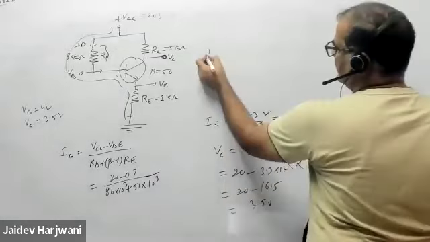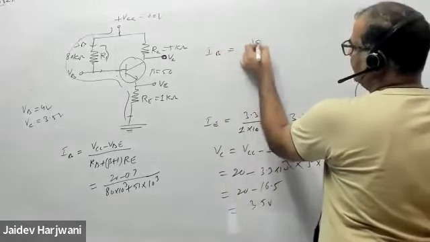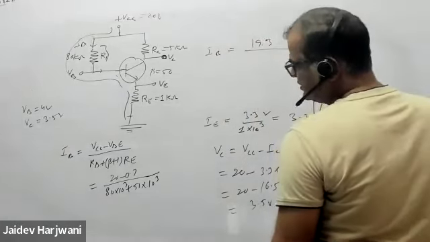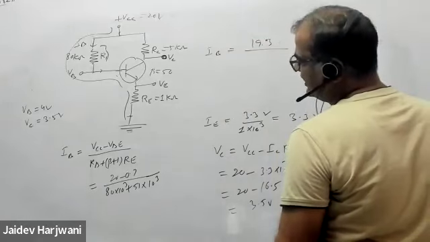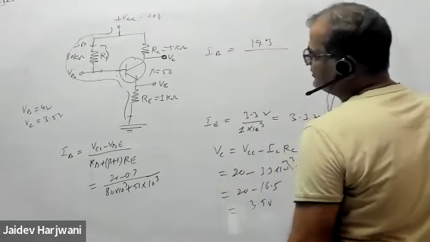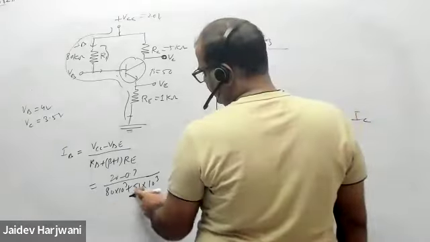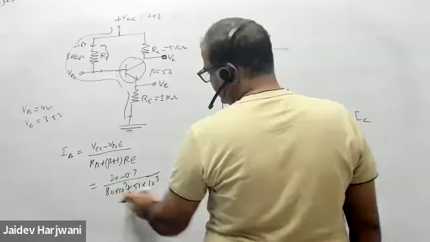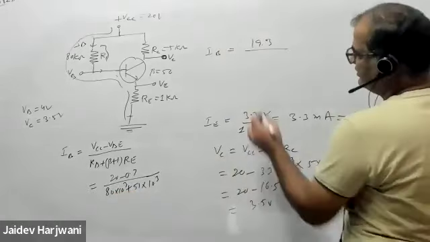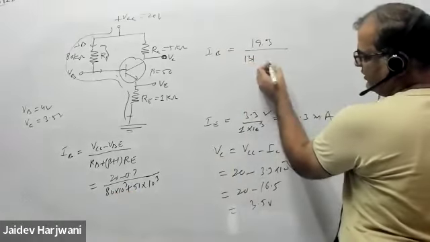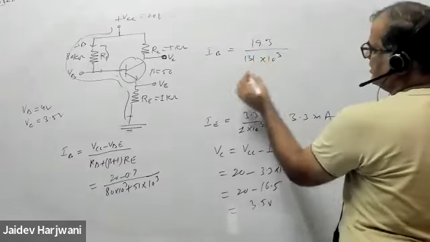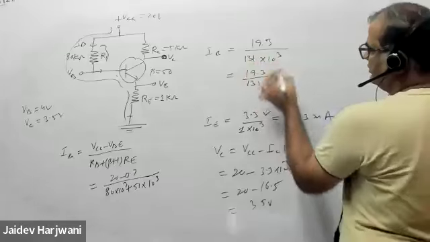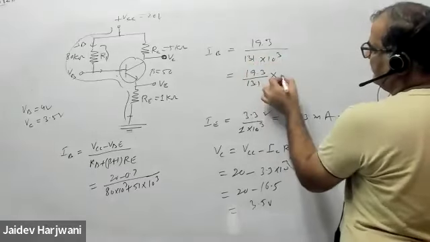So IB is 19.3 over RB, which is 80 kilo ohm, plus 51 into 1 kilo ohm. How much is this? Tell me. 131 kilo ohm. So 19.3 over 131, in milliampere.